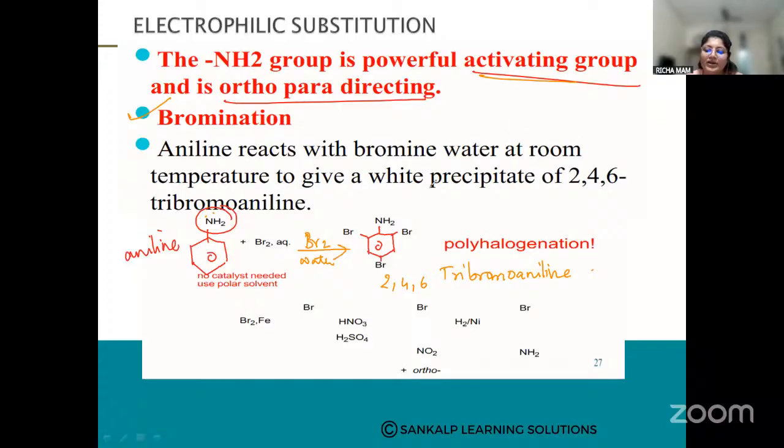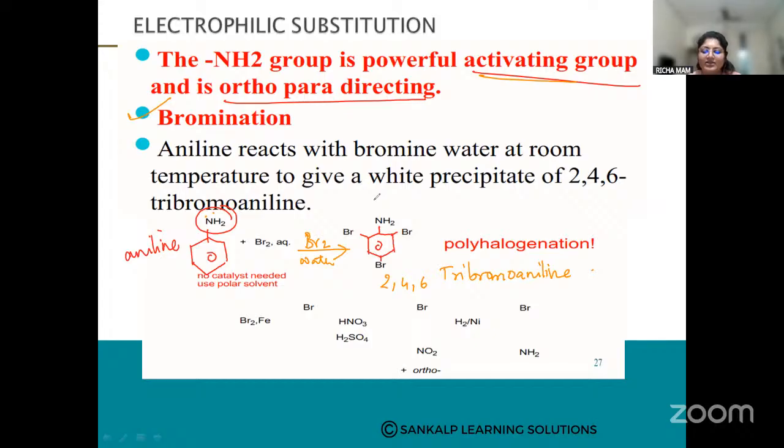However, if you require a monosubstituted derivative, what you have to do is first acylate with acetic anhydride and then do halogenation.